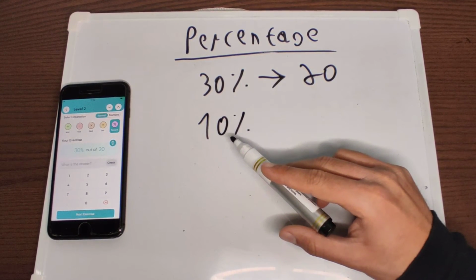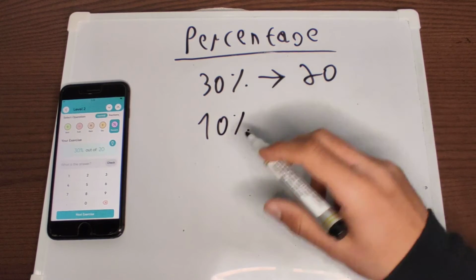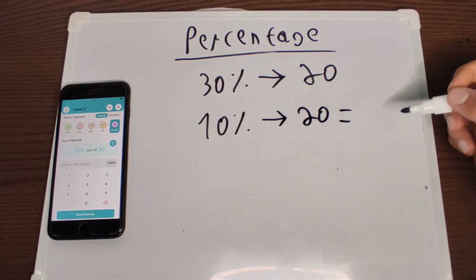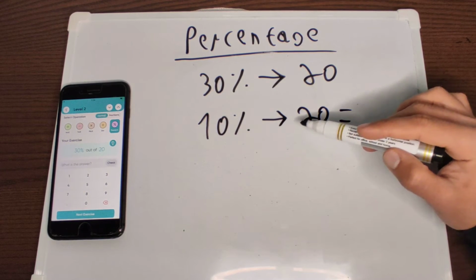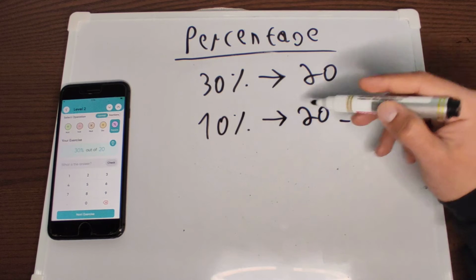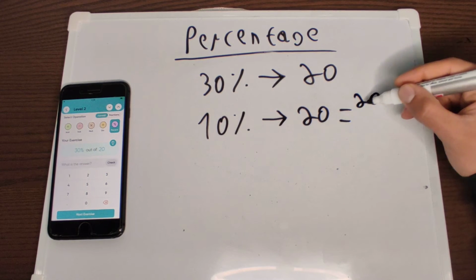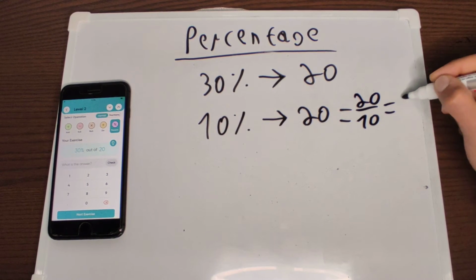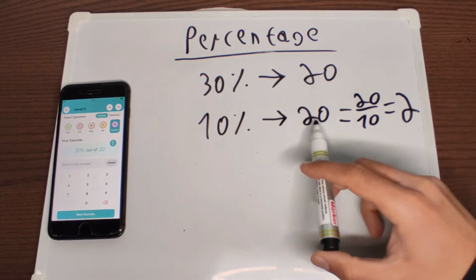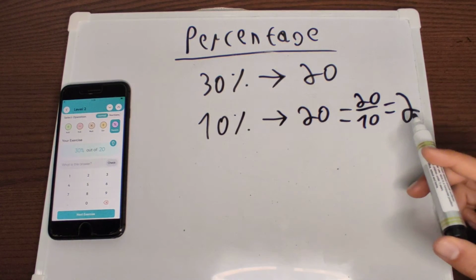It's always good to start with 10%. So 10% out of 20, as we have just learned, is just this number divided by 10. So 20 divided by 10 is 2. So 10% out of 20 is 2.